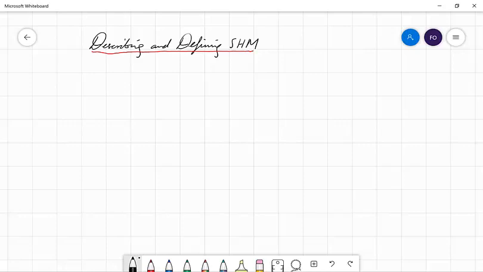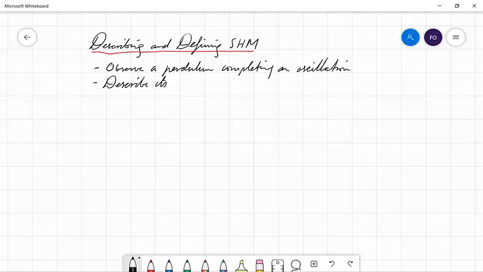Okay, so what we're going to do is observe a pendulum completing an oscillation. We're going to describe its motion in terms of its position, its velocity, and its acceleration.